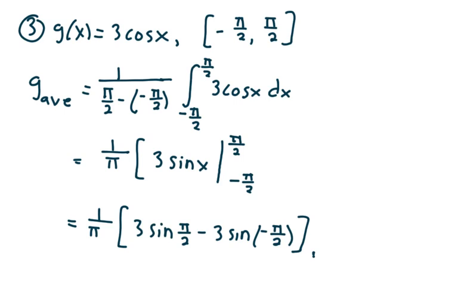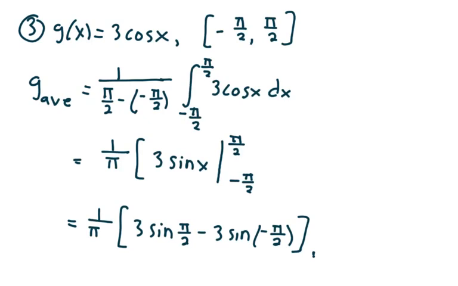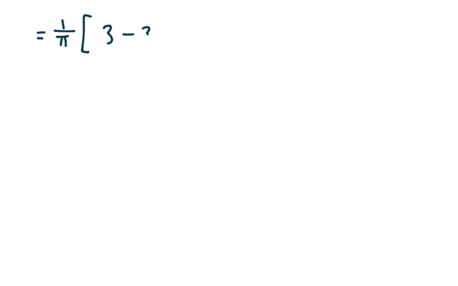Now, sine of pi over 2 is 1. 1 times 3 is 3. So this is 1 over pi times 3 minus, now by the way, sine of negative pi over 2 is negative 1. So this is minus 3 times negative 1. So the answer here is 6 over pi.